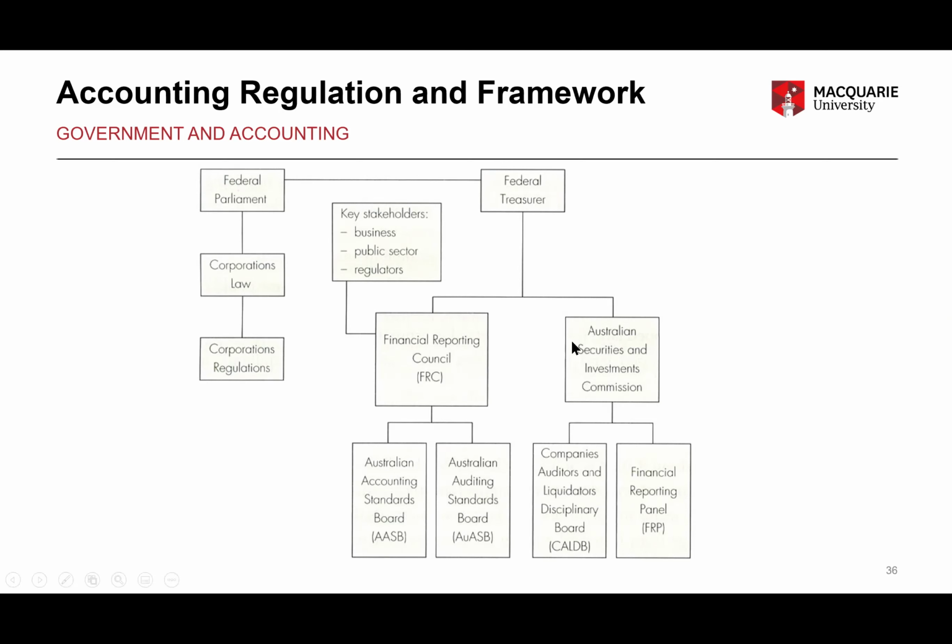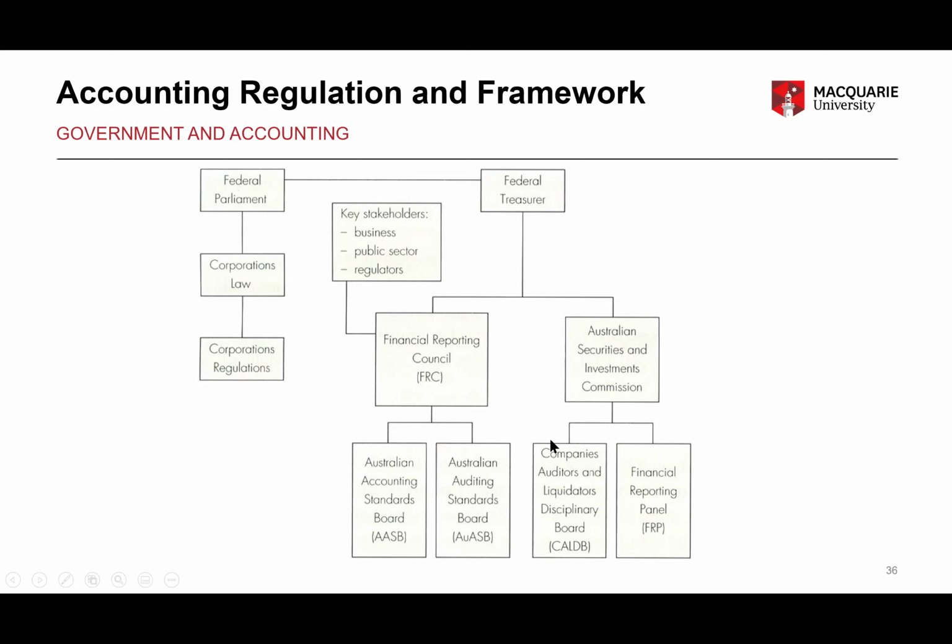The Australian Securities and Investment Commission is the body that enforces the Corporations Act and also enforces the accounting and auditing standards. If someone is found to breach the Corporations Act or the standards, they will investigate and impose penalties.